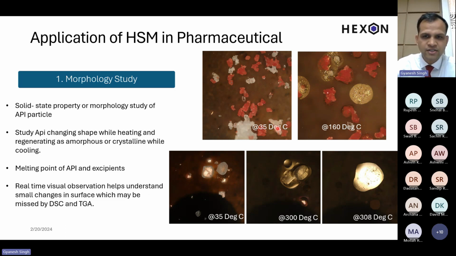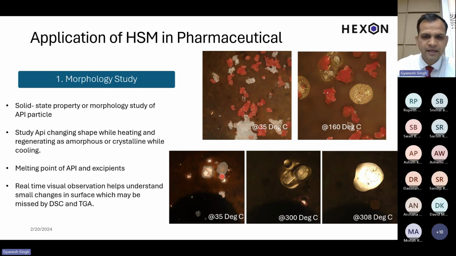So at 35 degrees Celsius, you can see this sample looks like a normal one. But as you increase the temperature to 160 degrees Celsius, you can see that there are some particles shining. These are birefringence patterns, and then an excipient which is melting. So this is an API and a melt. This is happening at 160, and slowly you can see in the bottom part where this polymer has also started melting. So you can understand the morphology, what temperature, melting point, and shape change of a particle.